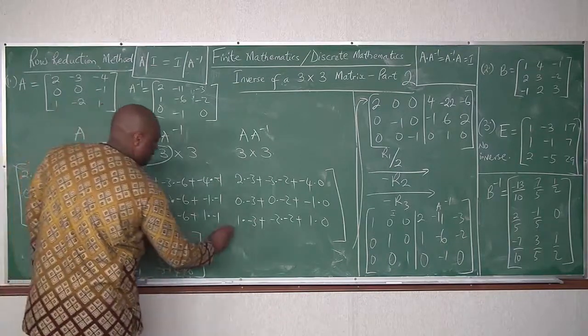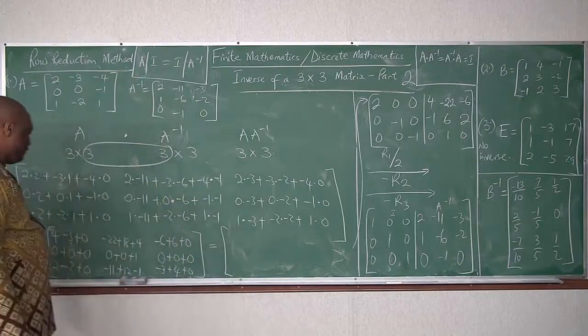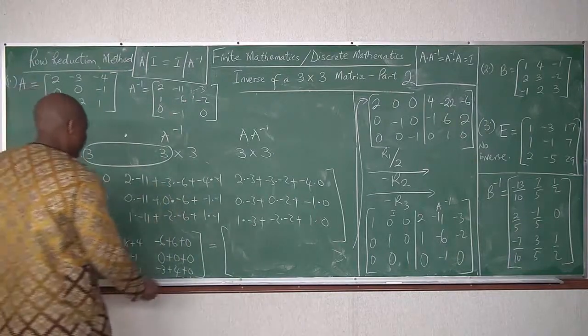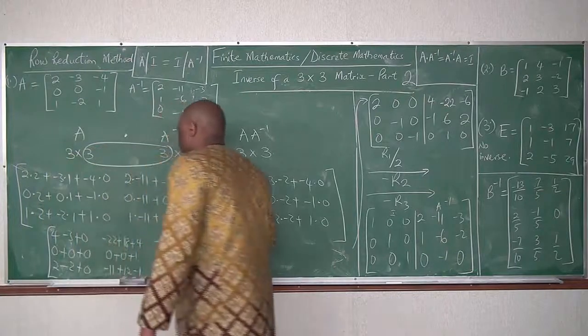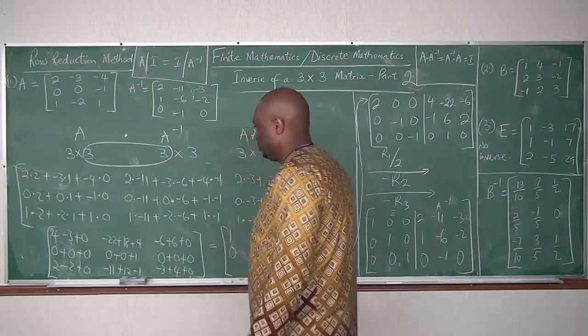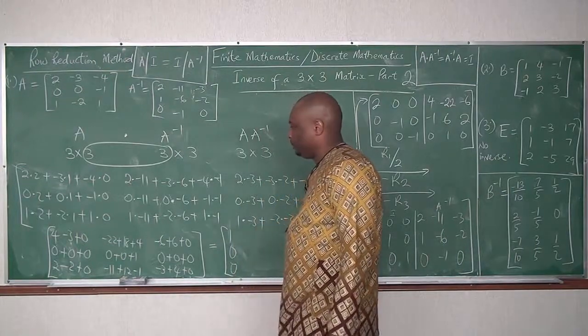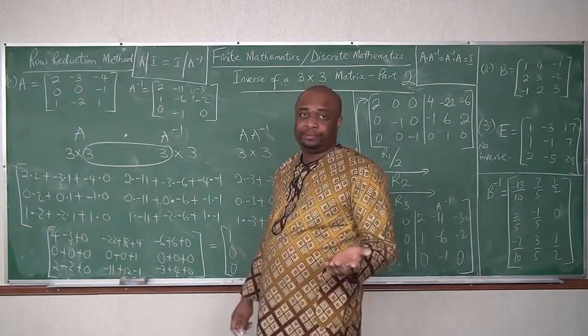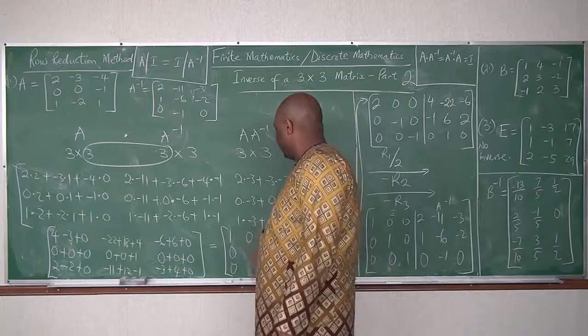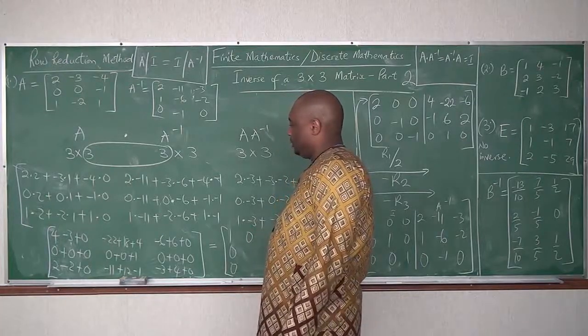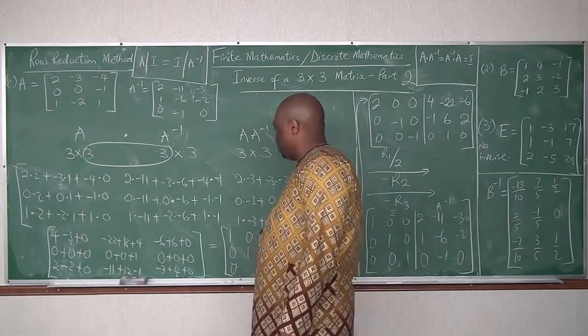So what do we have? 4 minus 3 plus 1 plus 0 is 1. 0, 0, 0, 0. 2 minus 2, 0 plus 0 is 0. Negative 22 plus 18 is negative 4. Negative 4 plus 4 is 0. 0 plus 0, 0 plus 1, 1.